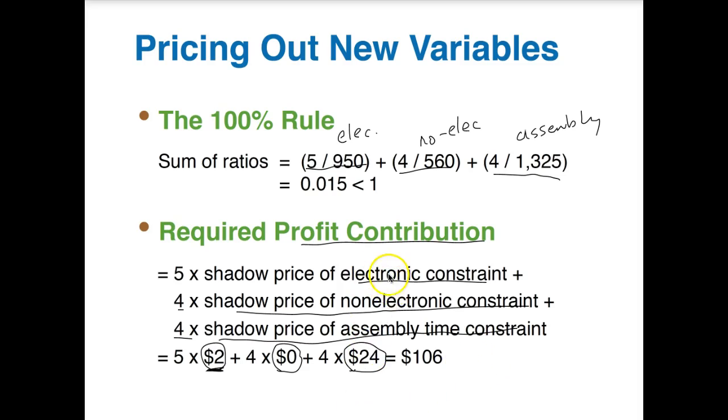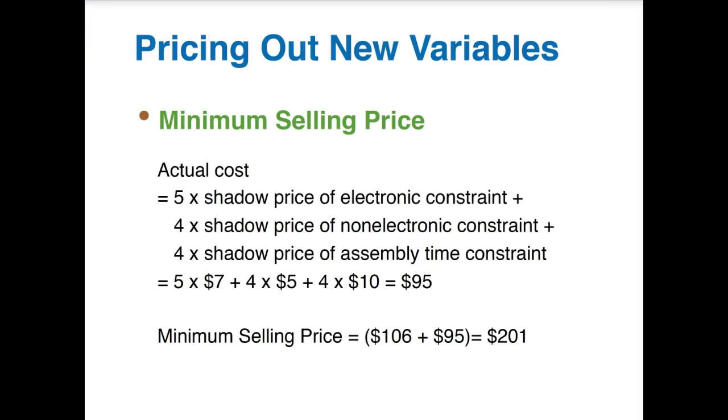All right, so we see from making these changes that the required profit contribution is going to be $106. If we move on, we see that the actual cost of producing these items is going to be 5 times the price of the electronic components, 4 times the price of the non-electronic components, and 4 times the price for assembly time.